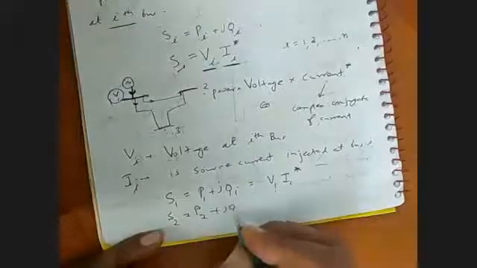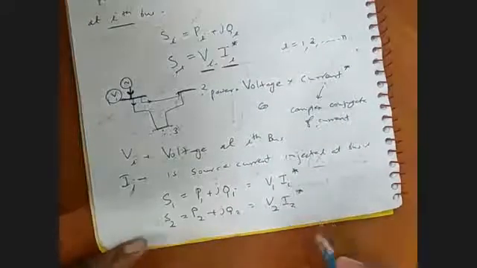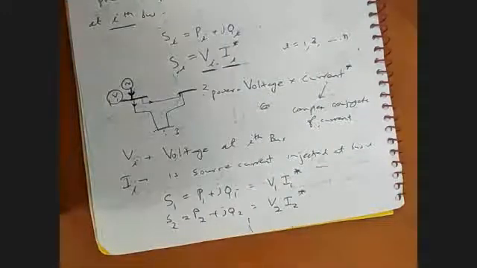So it will be voltage into current which will be supplied by the source at this bus, similarly at this bus, and similarly at this bus. So when we calculate S1, it will be P1 plus jQ1, and that will be V1 into I1 star. Similarly S2, it is P2 plus jQ2, and that is V2 I2 star, and similarly so on. So this will be the total complex power at all the buses of the system.